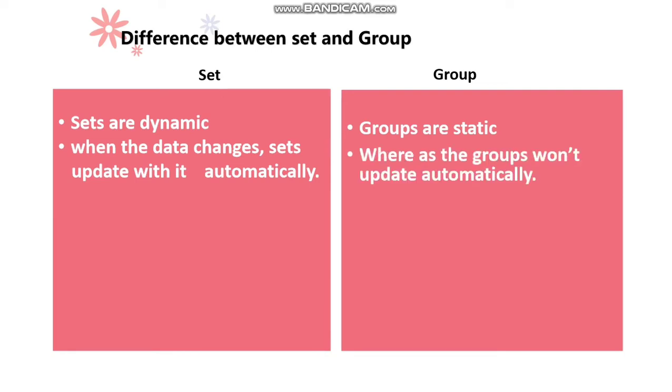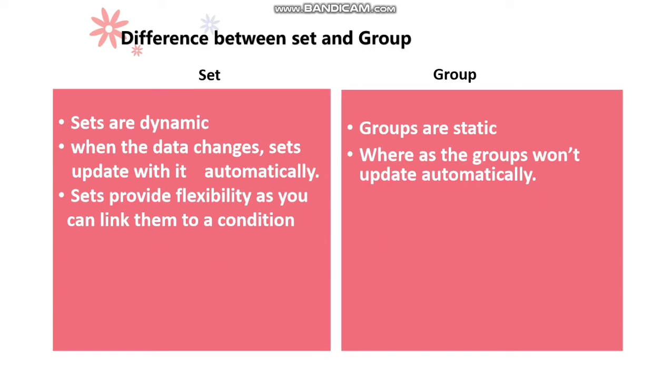For example, if we have 100 records today in our data set and tomorrow you get 100 more records, a set will identify the new records and update based on the new data as well as the existing data, whereas groups won't update automatically as they won't find the new records.